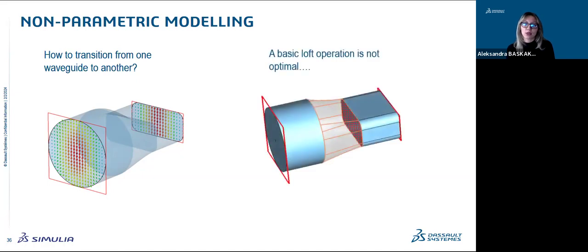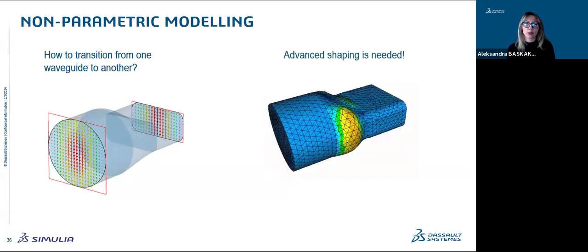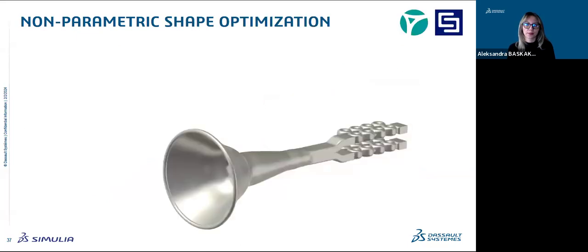A basic loft operation is not optimal. A user, of course, can set up a higher order polynomial with many control points and then optimize that, but that will require many iterations and long simulation time. Advanced shaping for this purpose is needed.